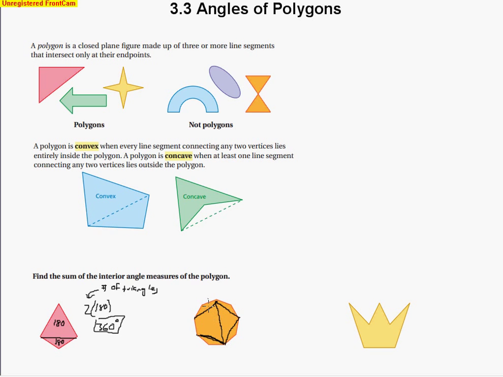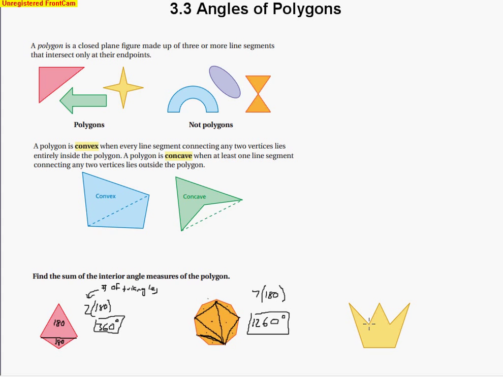Now we have 1, 2, 3, 4, 5, and then if I break it this way, 6, 7. So you can see there are 7 triangles inside. So 7 triangles that all have 180 degrees would give me 1,260 degrees.